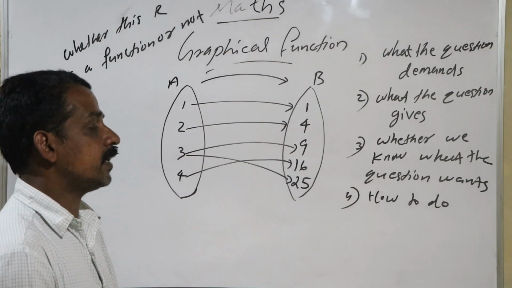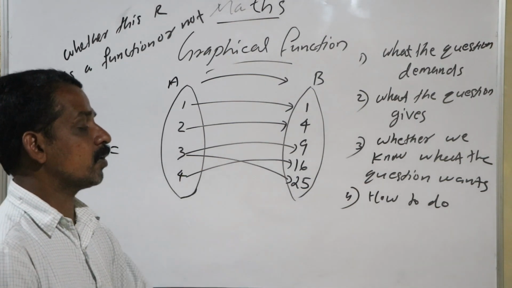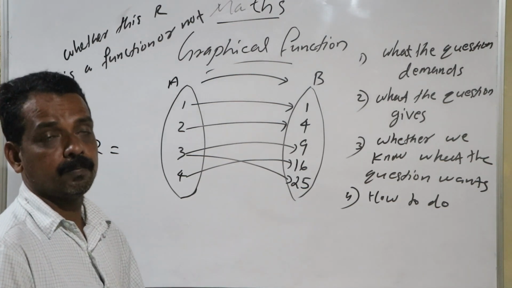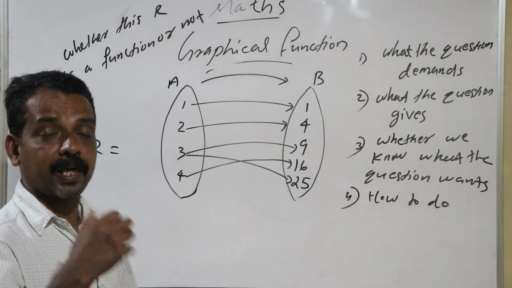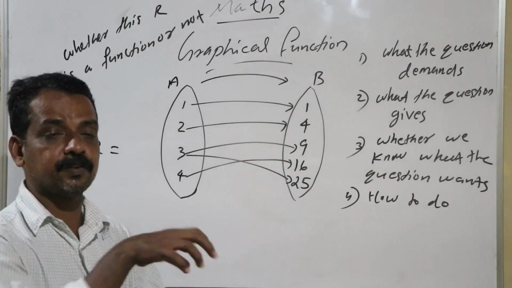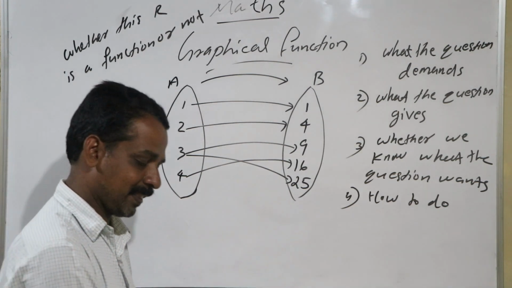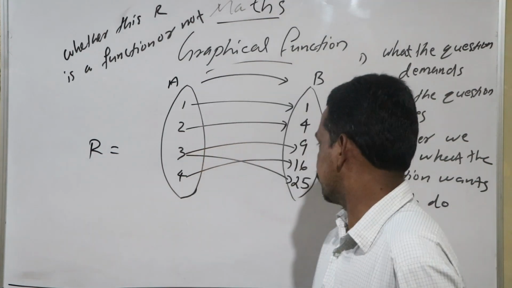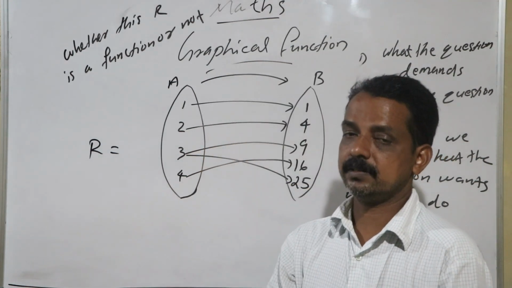Third, whether we know what the question wants. We must know the relation between a relation and a function, and when a relation becomes a function. The third question is very important.